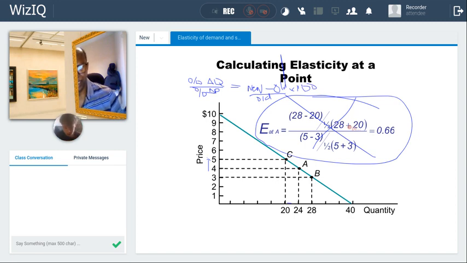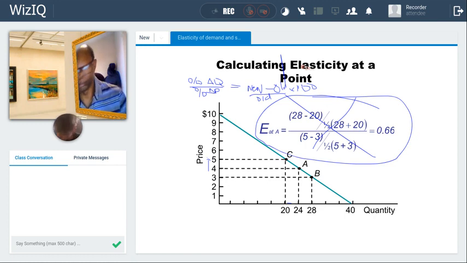Can I use my phone? Is that all right? Cool. One second. Calculator.